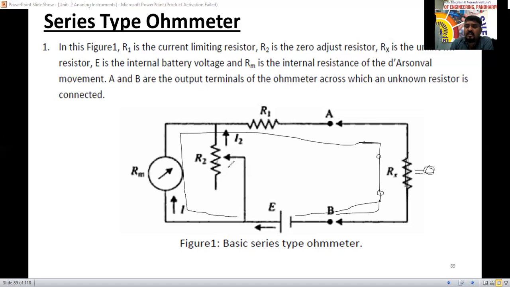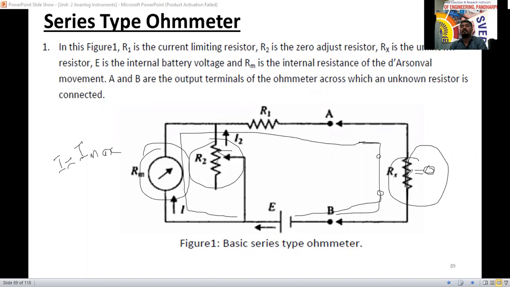In that situation, R2 is going to be set to maximum, so no current will flow through it, and all the maximum current will flow through this meter only. This ammeter shows I equal to I max. If the meter reads I max, then the unknown resistance is 0.